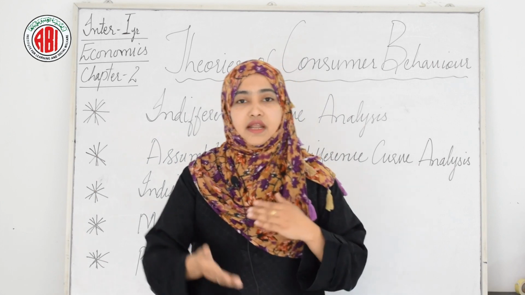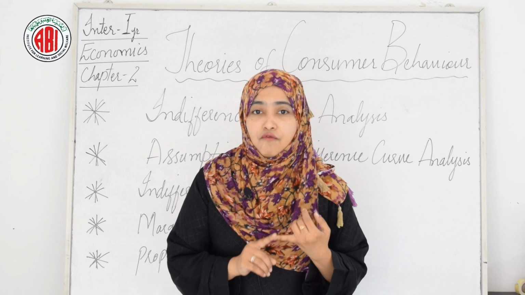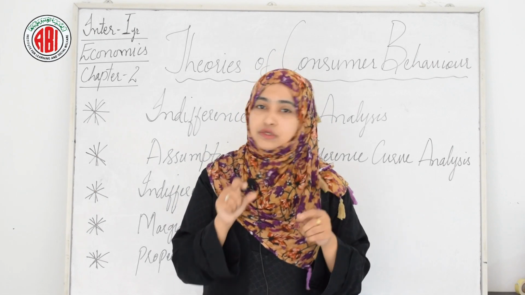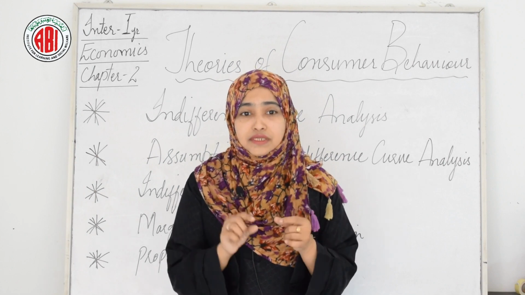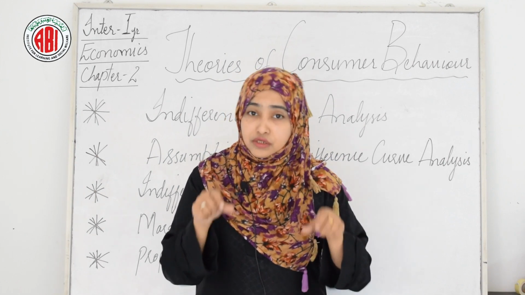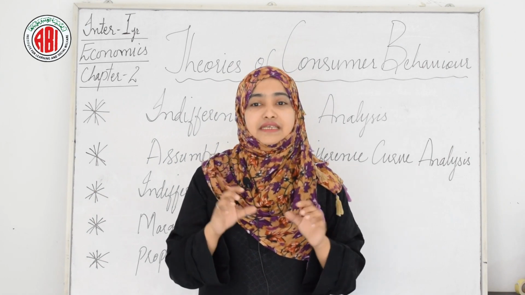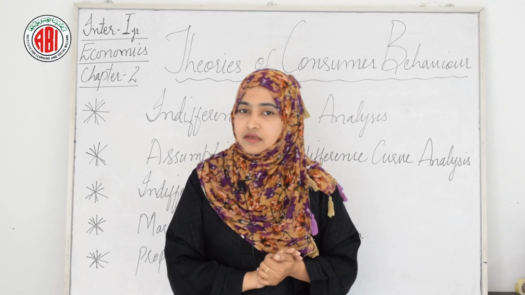Get it? The next property is that indifference curves are convex to the origin. In this property, convexity implies the diminishing marginal rate of substitution. So the indifference curves cannot be concave to the origin. Exactly.